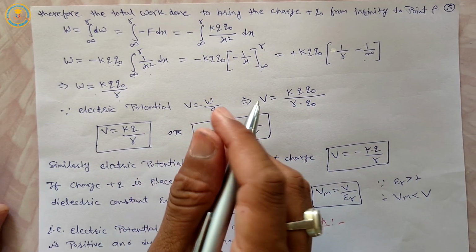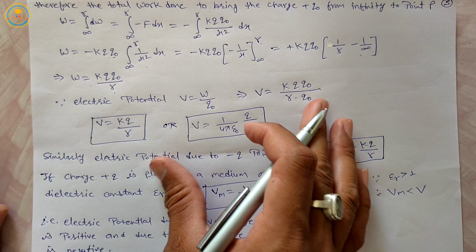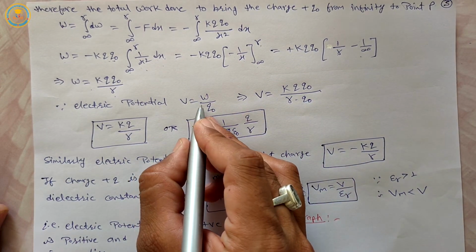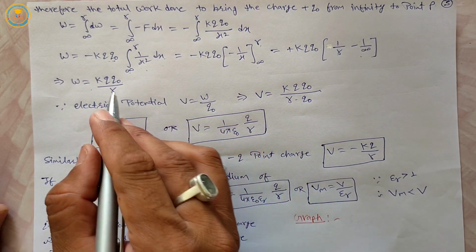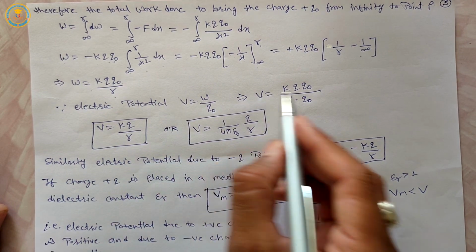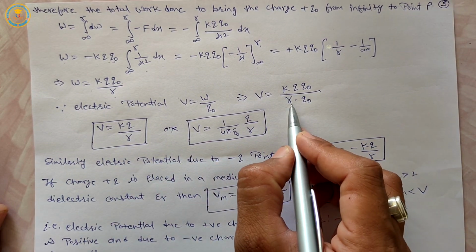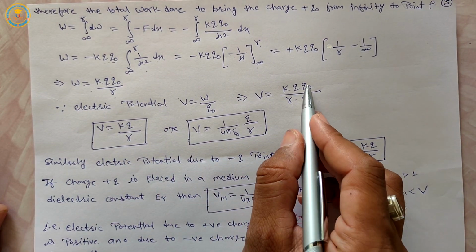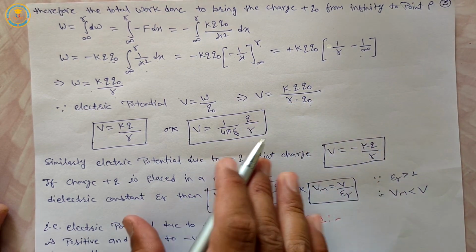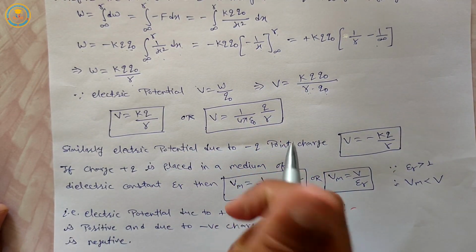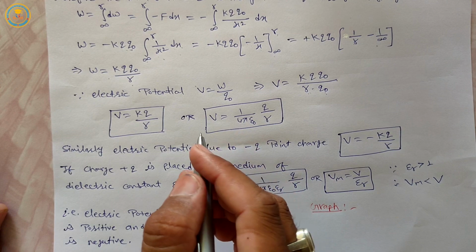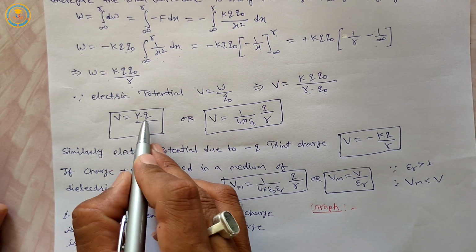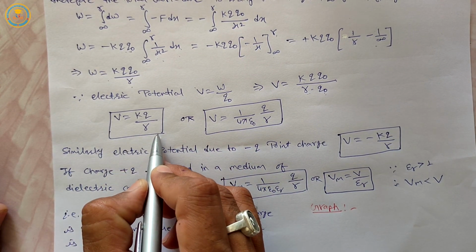Now according to the definition of electric potential, V is equal to W upon Q naught. Put the value of W, V is equal to K Q Q naught upon r into Q naught. Q naught cancels out, and we get the electric potential due to a point charge, V is equal to K Q upon r.